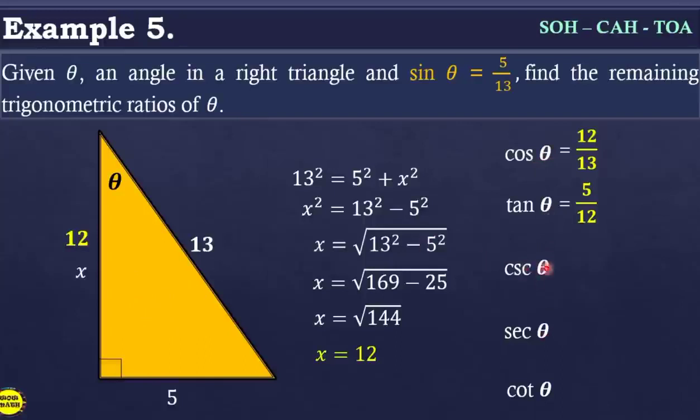Since they are both theta, just get the reciprocal, that is 13 over 5. Secant is the reciprocal of cosine, so 13 over 12. And then cotangent is the reciprocal of tangent, that is 12 over 5.